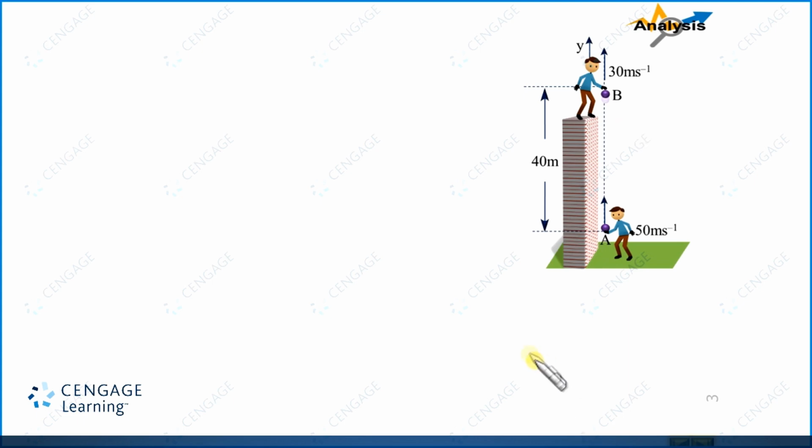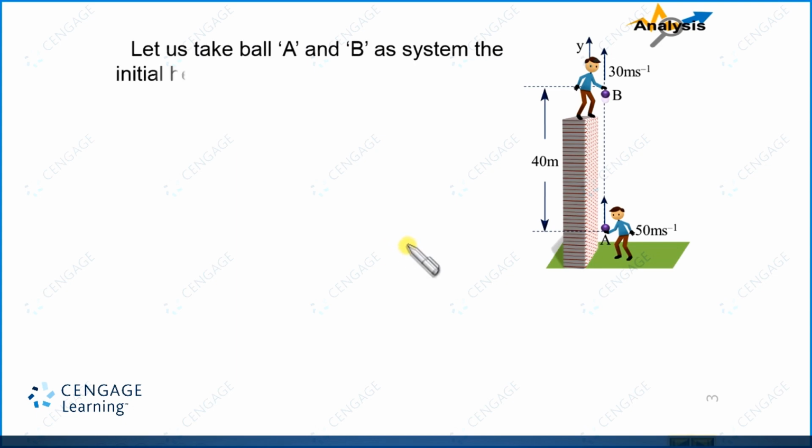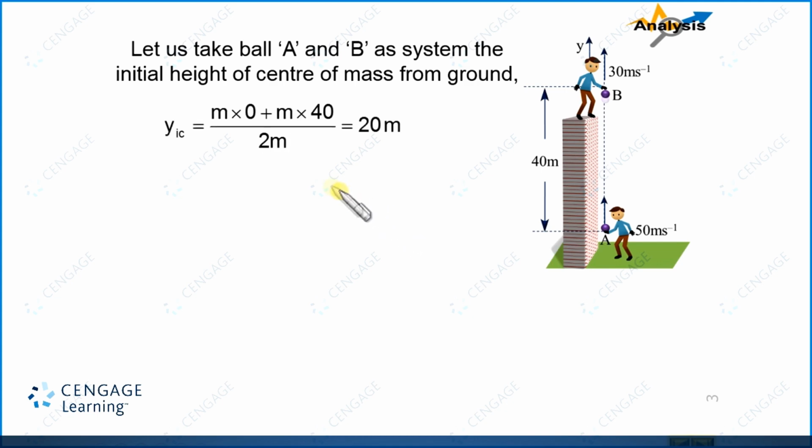Let us find the initial height of the center of mass just before throwing the balls. So here we write the initial height of the center of mass as y initial c, which is equal to mass m multiplied by 0, taking this as the initial level, plus m multiplied by 40, because this height is 40 meter, divided by total mass, that is m plus m, equal to 2m, and this is equal to 20 meter.